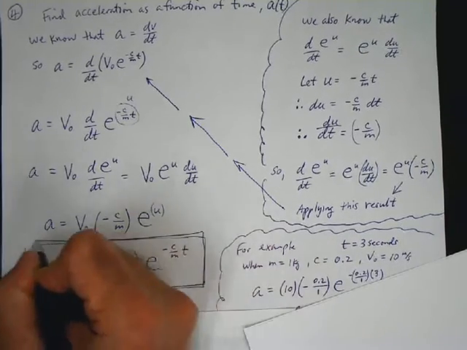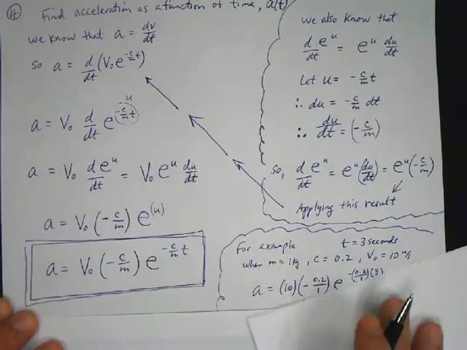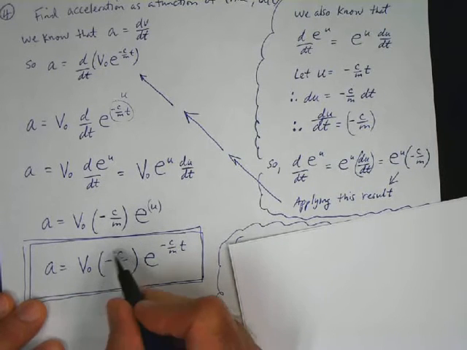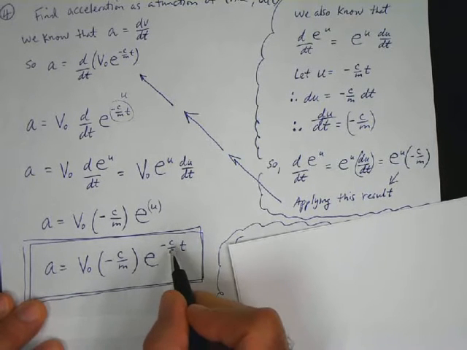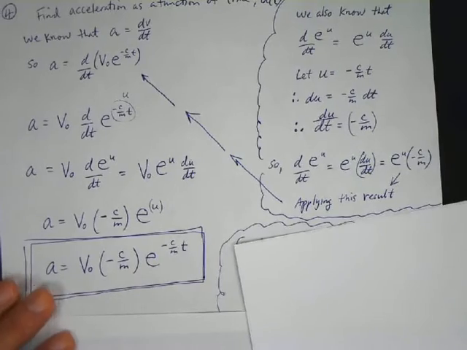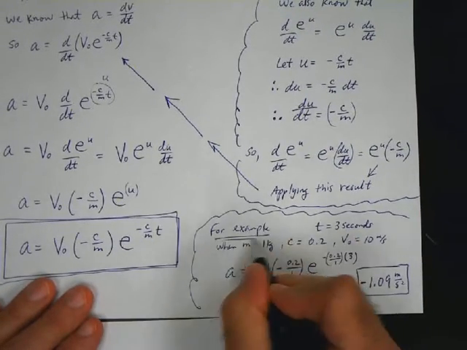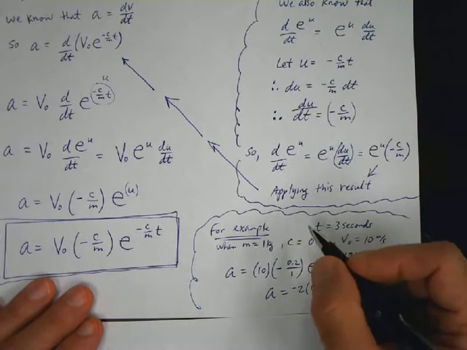We can substitute that in, and so we end up with this. And if we put the complicated negative c over m times t back in for u, then we can get our final answer right here.